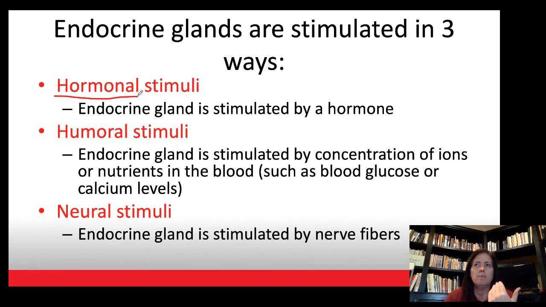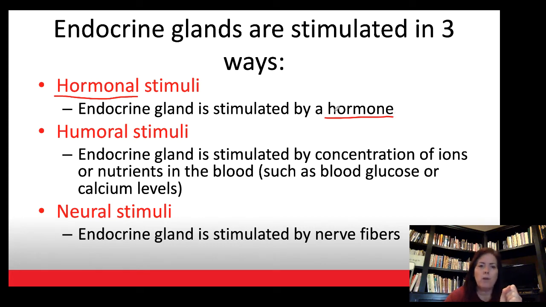Okay, so basically, if an endocrine gland is stimulated by a hormone coming from another endocrine gland, then it releases its hormone. And that's an example of hormonal stimuli. So the endocrine gland is stimulated by a hormone and it's being told to release its hormones.